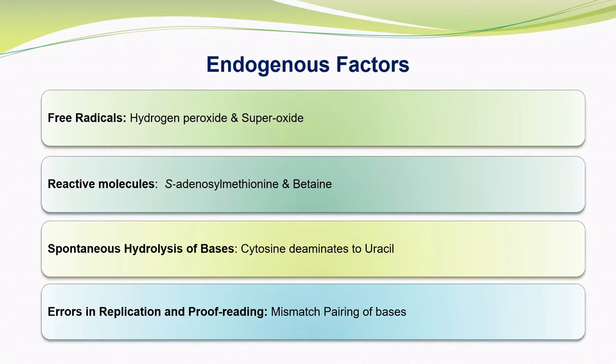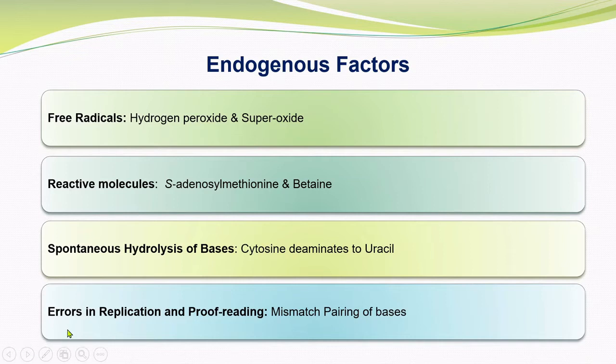The DNA bases spontaneously undergo hydrolysis, and this results in deamination or removal of the amine group from the bases. The classic example of this is deamination of cytosine to uracil, which is not a DNA base, and how deamination of cytosine to uracil brings about mutation we have just discussed in the previous slide.